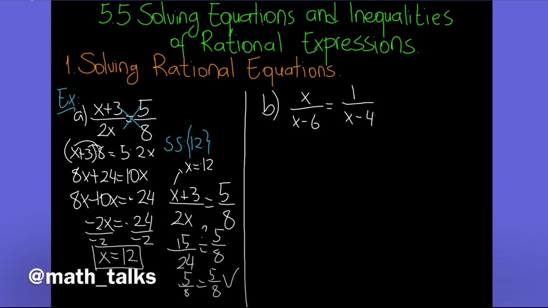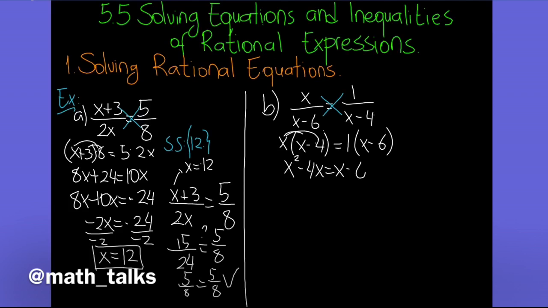Now let's solve the second question. It's x over (x minus 6) equals 1 over (x minus 4). Here also you have to cross multiply: x multiplied by (x minus 4) equals 1 multiplied by (x minus 6). So x multiplied by x is x squared, x multiplied by negative 4 is negative 4x. Because it's 1, the right side is itself, x minus 6.